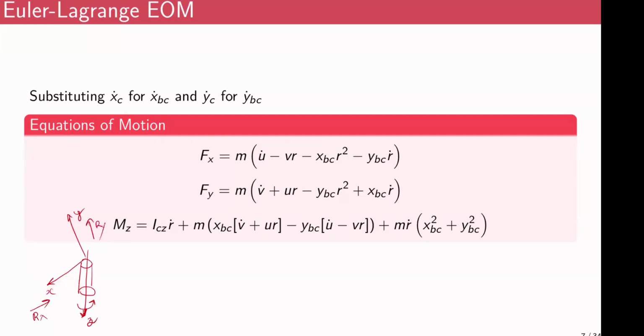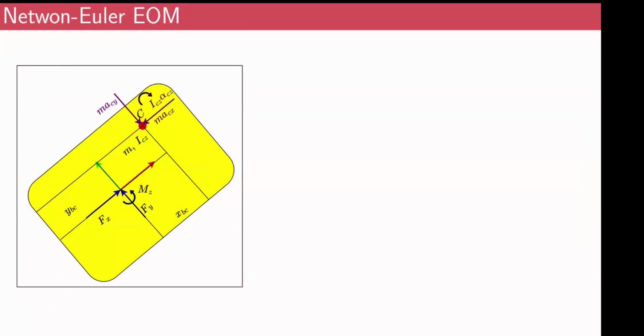There could be reaction moments about the x-axis, Mx, reaction moments about y, My, and you can also have a reaction force along the axis of the revolute joint, Fz. All these things you can obtain if you go with this Newton-Euler approach. And then we can select the relevant axes, or the relevant coordinates, to see how much torque we are required to give.